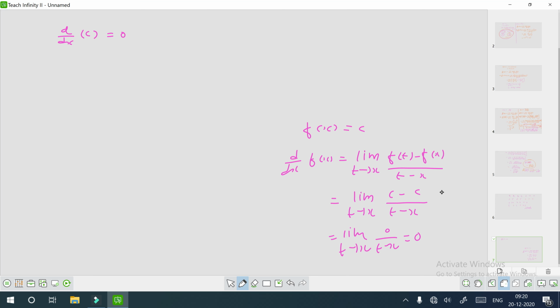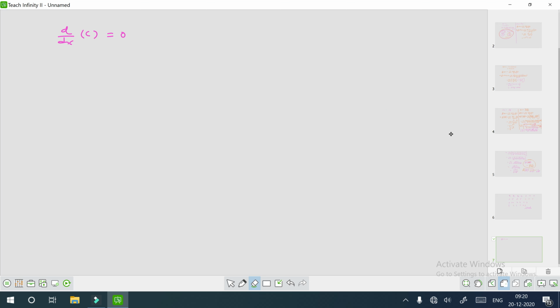So derivative of a constant term is 0. Clear? Yes.